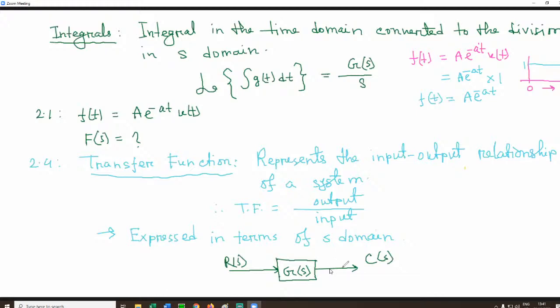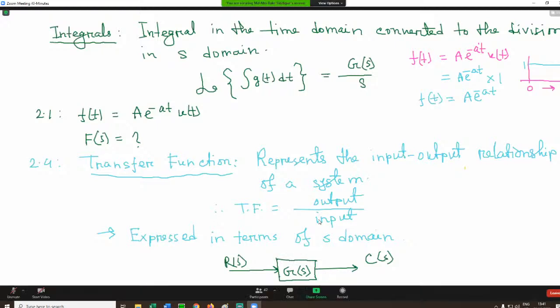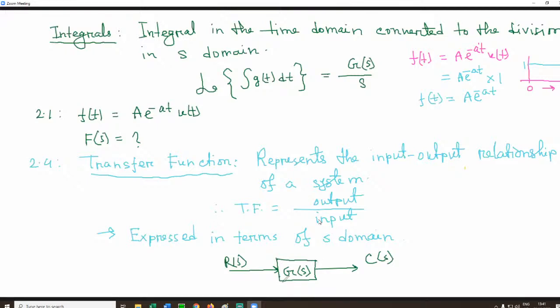All the blocks together, the controller and system, are represented by G(s).